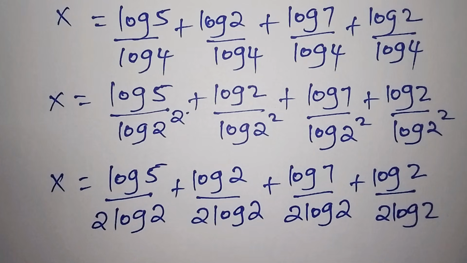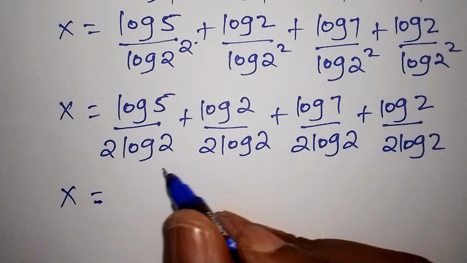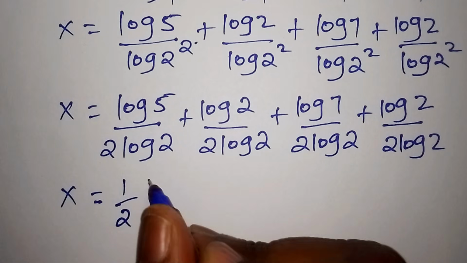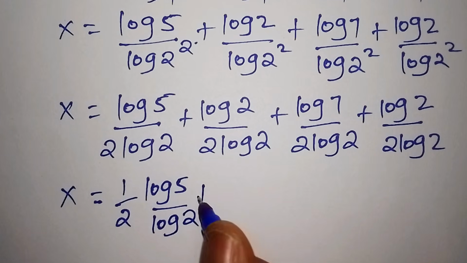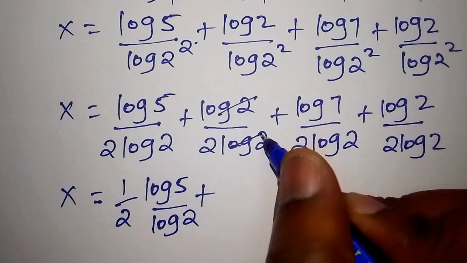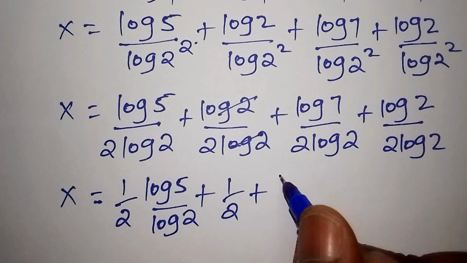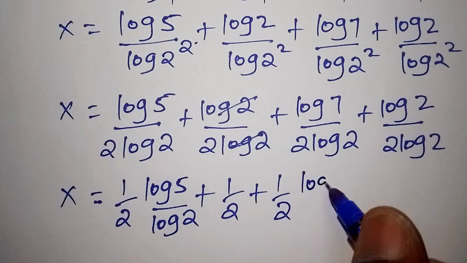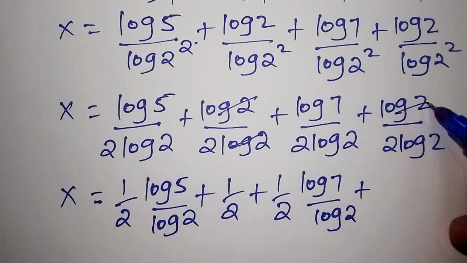So x is equal to 1 over 2, the log of 5 all over the log of 2, plus, log 2 and log 2 cancel, so we have a half, plus 1 over 2, the log of 7 all over the log of 2, plus, log 2 and log 2 cancel, we have 1 over 2.